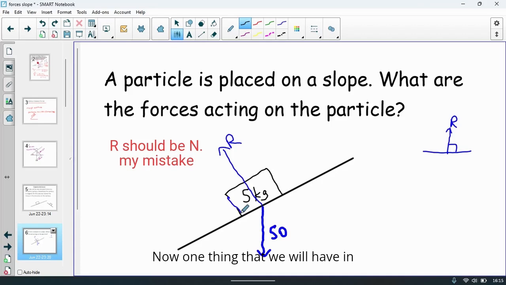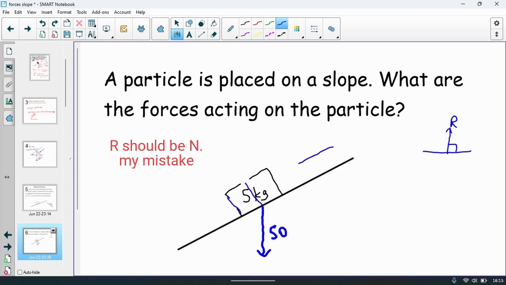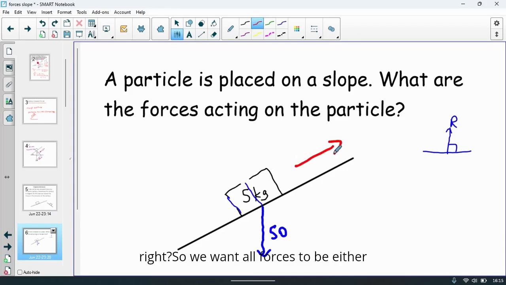Now, one thing that we will have in these questions is we want all the forces to be in either of two directions. We want the forces to be in the direction of the surface, like this direction, or at a right angle, which is this direction.